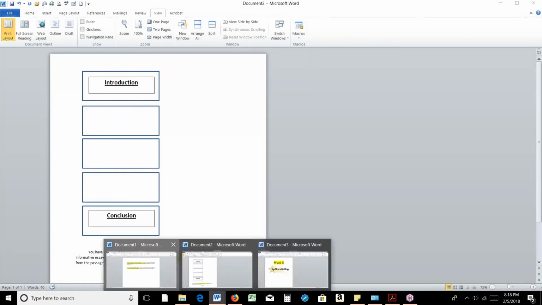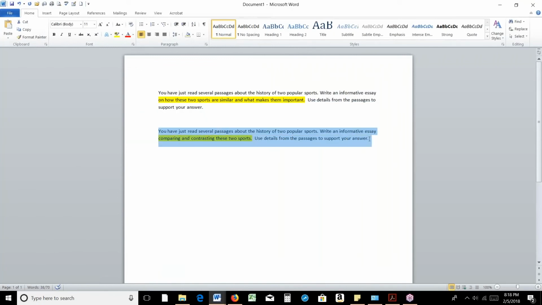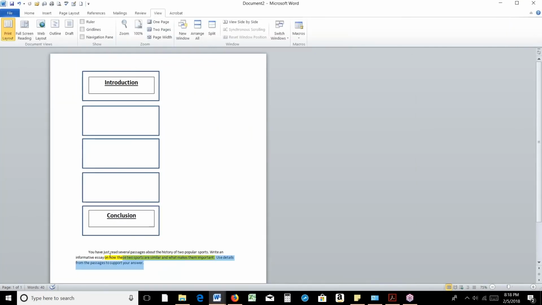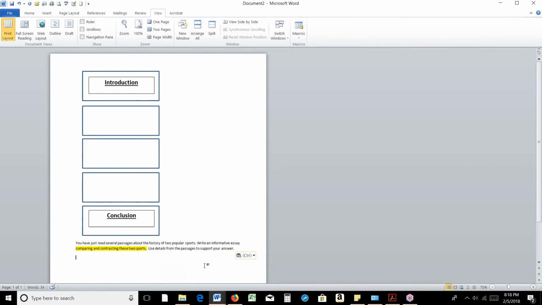Same thing goes if they get a prompt that says write an informative essay comparing and contrasting these 2 sports. Let me change the bottom prompt. Same thing with the comparing and contrasting. They can either compare, and then maybe contrast down here.